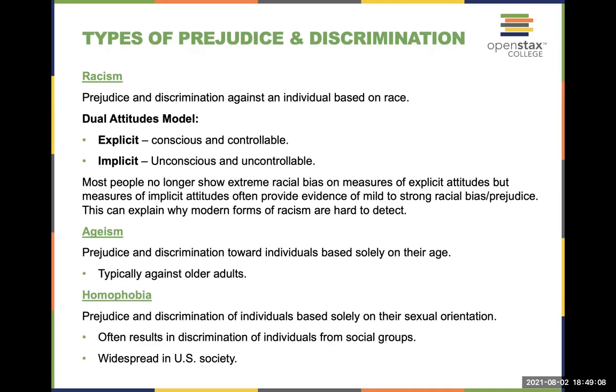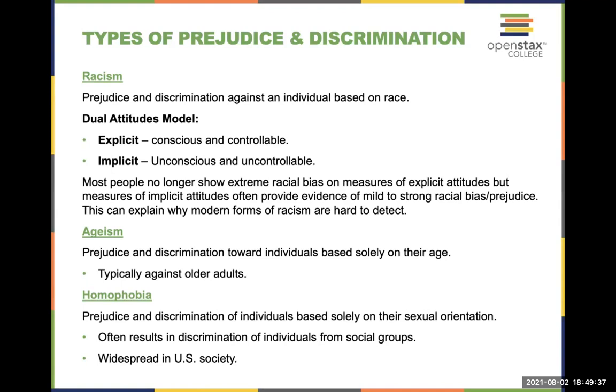Maybe believing that someone can't do a job as well just because of their age. That's a form of prejudice, right? And the discrimination would come in if you don't hire that person based on your bias or your prejudice, right? This is typically against older adults.